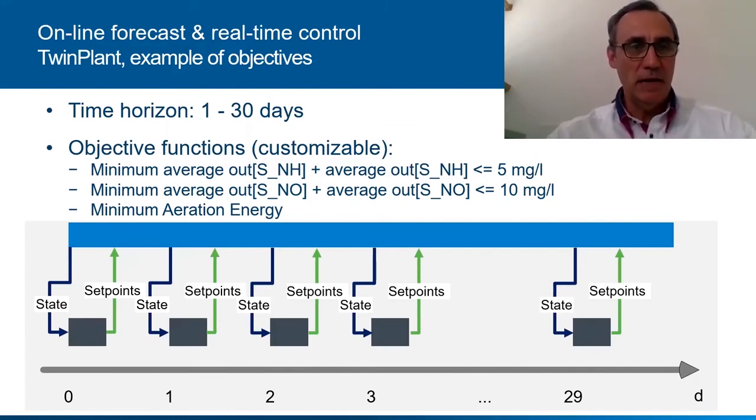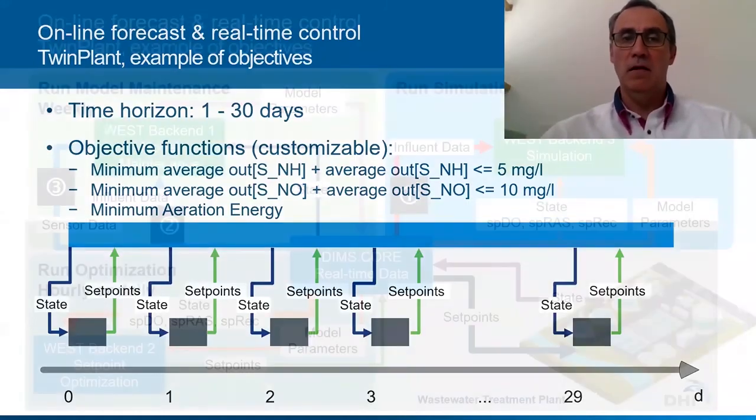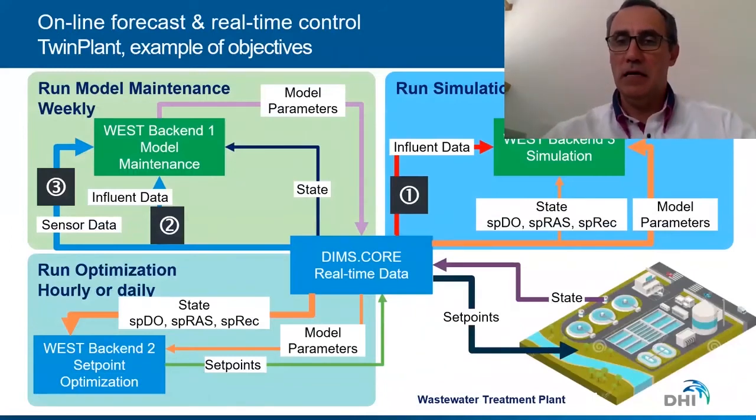So let's say one of the objective functions could be like that. And you can run, in our test case, the standard 2-tank nitrification system, and you run 1 day of simulation at a time and get results about these set points. In a little bit more sophisticated way, how does it work?